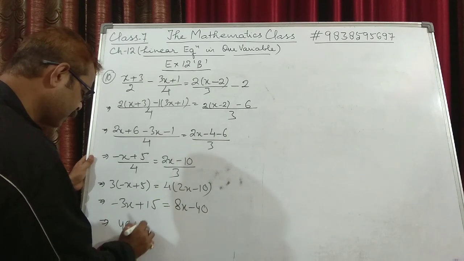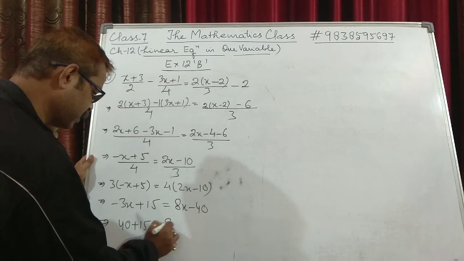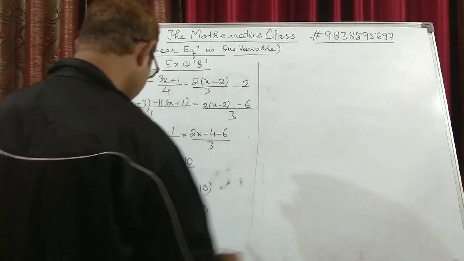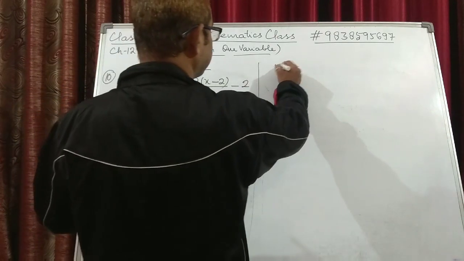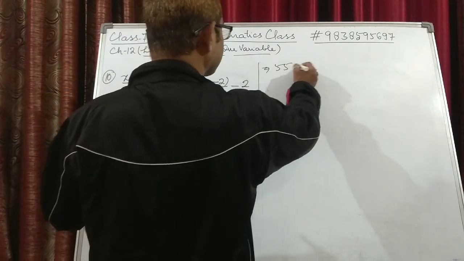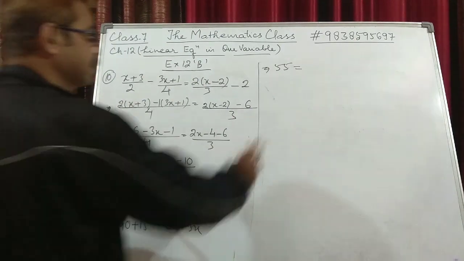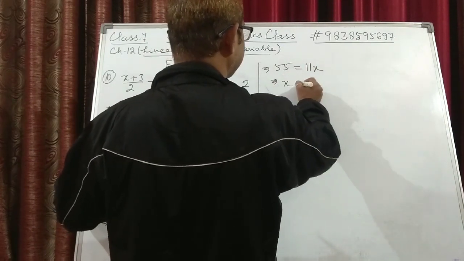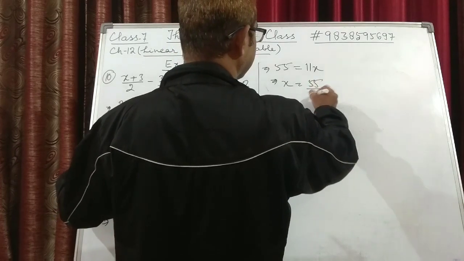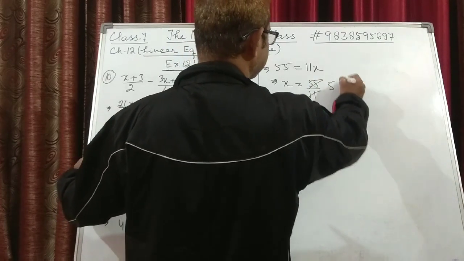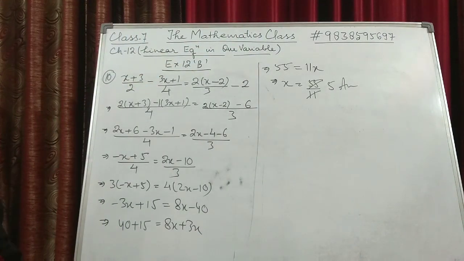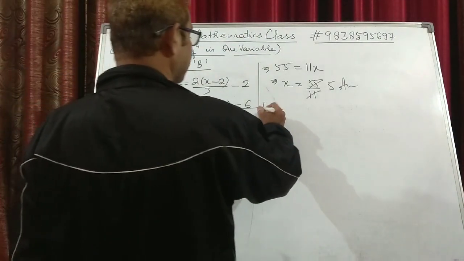So 40 plus 15 is equal to 8x plus 3x. So 40 and 15 is 55, and 8 and 3 is 11. 11x is equal to 55 implies that x is equal to 55 upon 11, that is 5 is the final value. Now we move on to the next, that is question number 12.